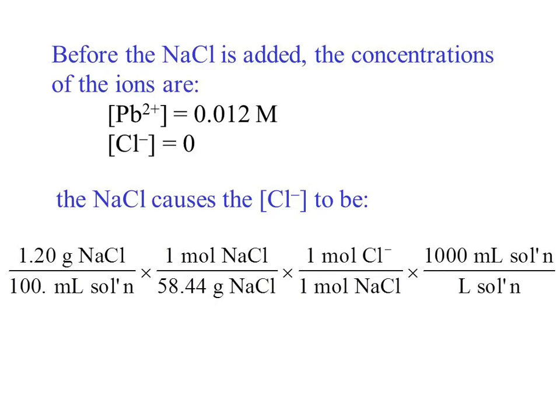In the problem, you said that the mass of the sodium chloride was 1.20 grams. The volume of the solution waiting below it was 100 milliliters. So 1.20 grams NaCl divided by 100 milliliters. We need to get the grams into moles. So we have to, as a side calculation, knock out the molar mass.